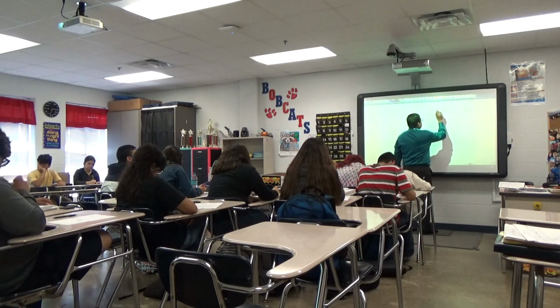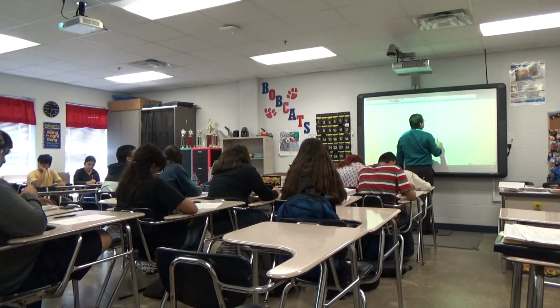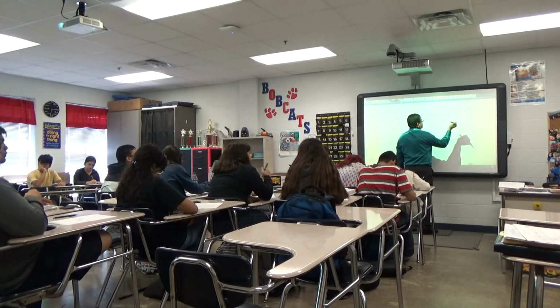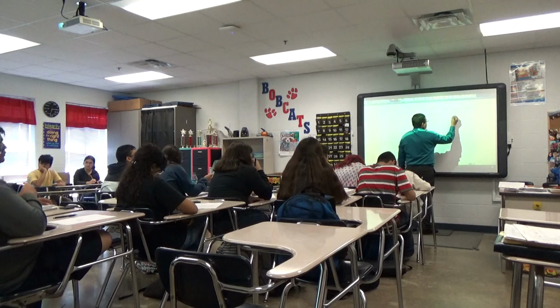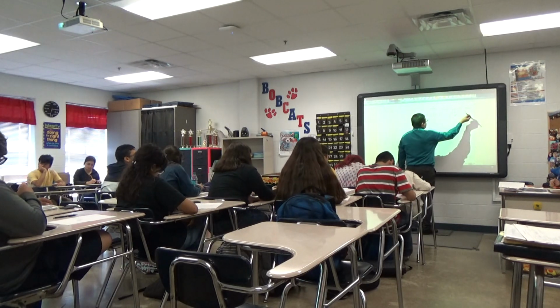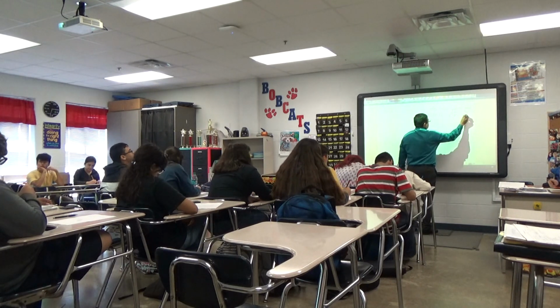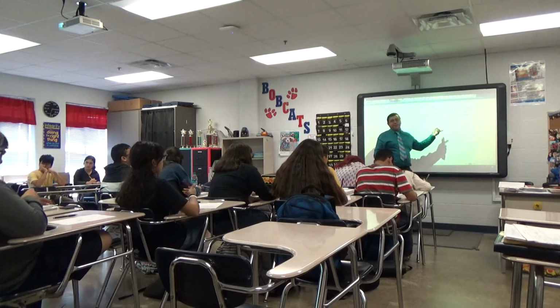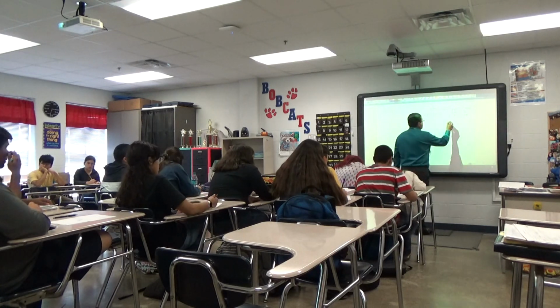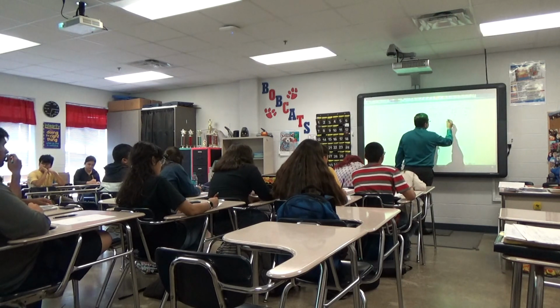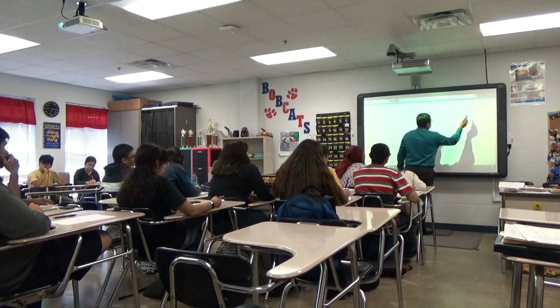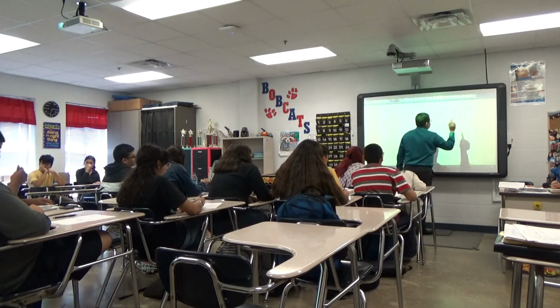The coefficient of A is 1, the coefficient of C is 4, and what's my B? 4. So what is 1 times 4? 4. And my B is 4.